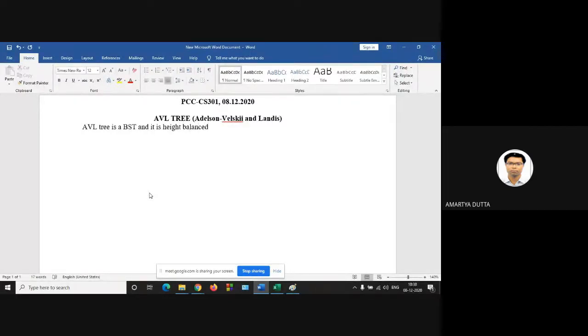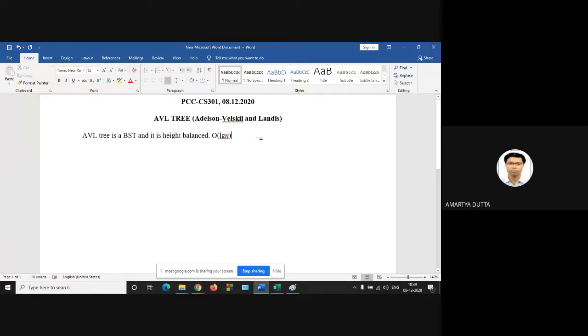In case of a skew tree, the complexity is order of n. In case of an AVL tree, the complexity for searching any element is order of log n.